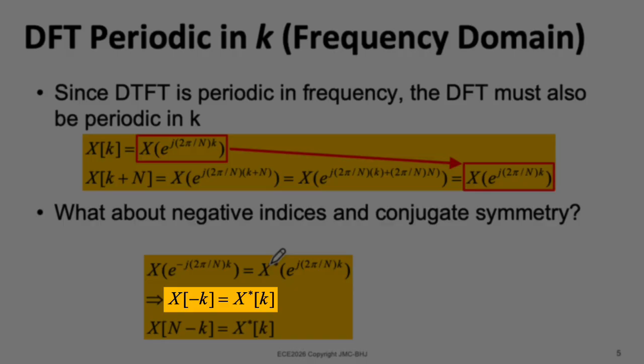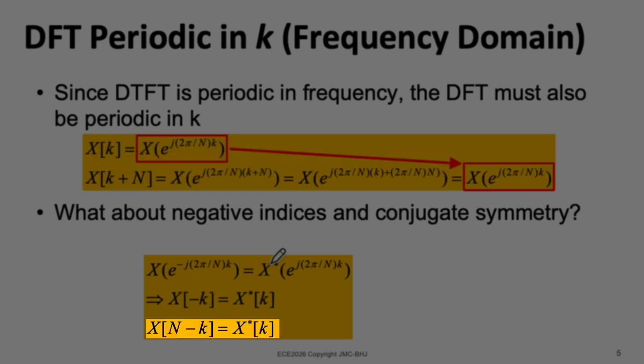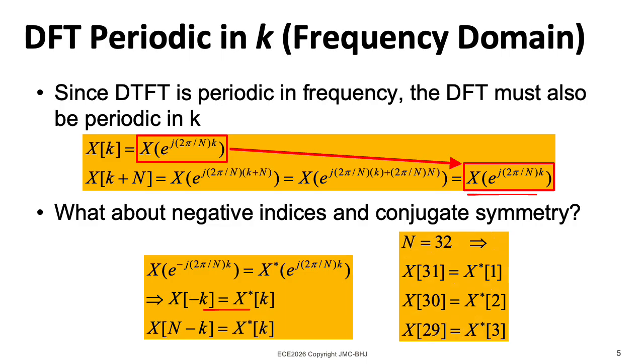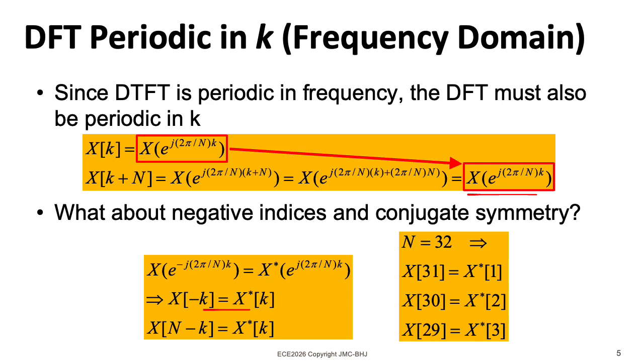Notice that we can combine the conjugate symmetry with the periodicity and write big X of capital N minus K is equal to the complex conjugate of capital X of K. So, for instance, if capital N was 32, X of 31 would equal the complex conjugate of X of 1, X of 30 equals the complex conjugate of X of 2, and so on. And again, this conjugate symmetry only holds for little x signals that are real valued.